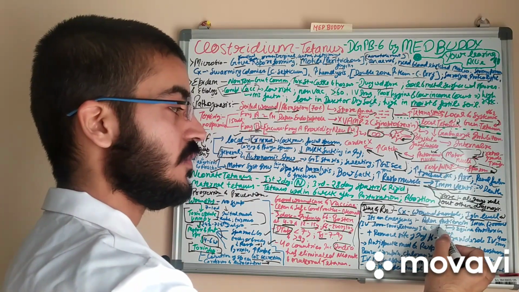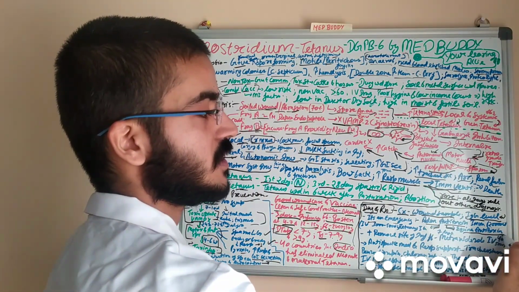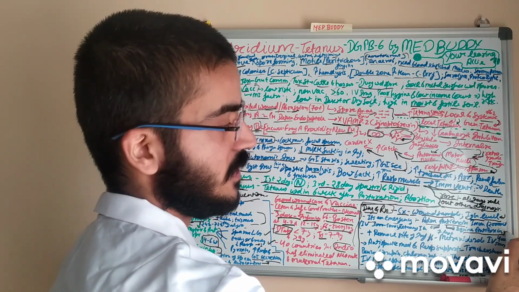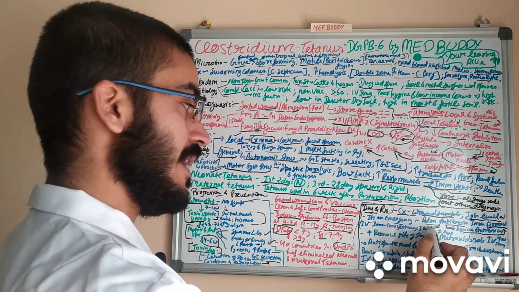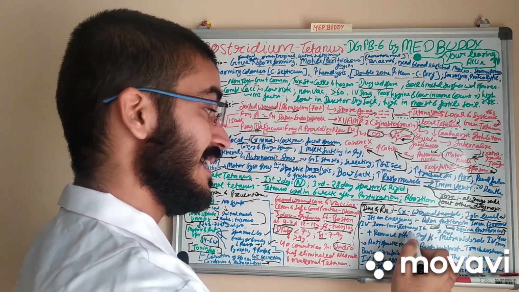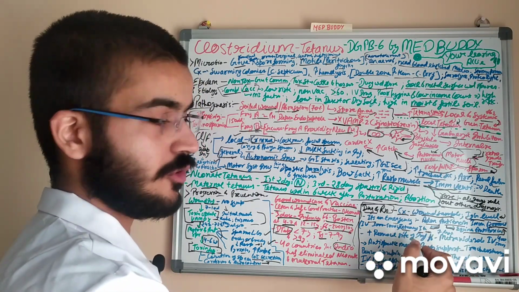There are two kinds of antitoxins that we have nowadays: equine antitoxin, whose dose should be 20,000 units, and tetanus immunoglobulins that are made in the laboratory.